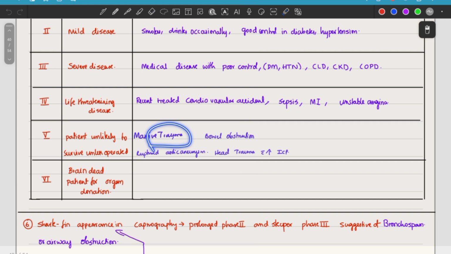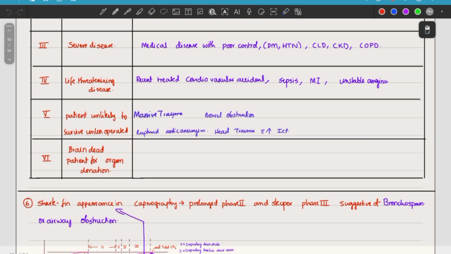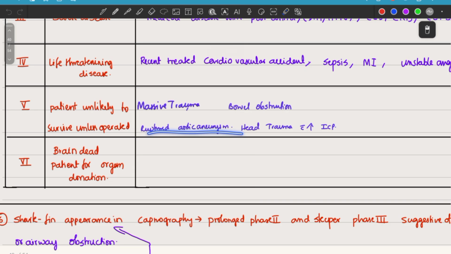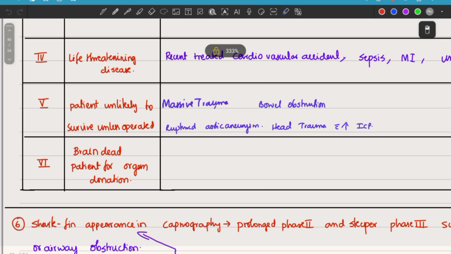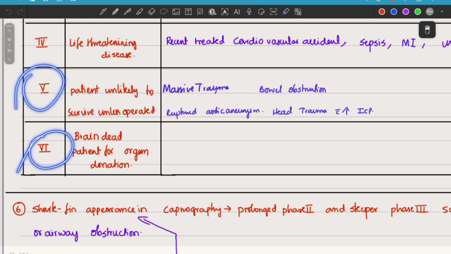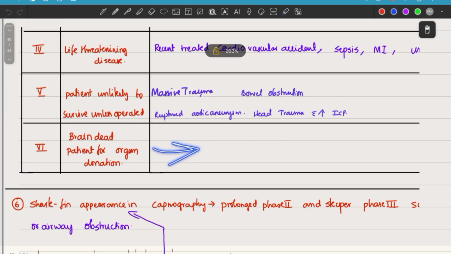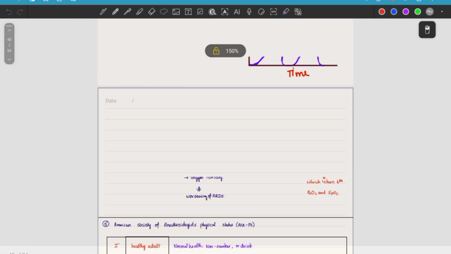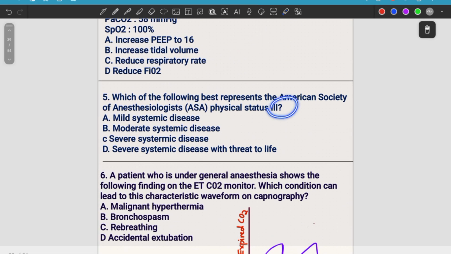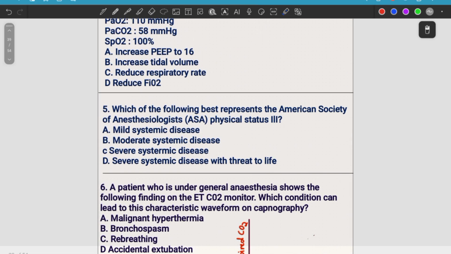That is massive trauma, bowel obstruction, head trauma with increased ICP, ruptured aortic aneurysm. In all these cases, if you don't operate, he is going to die 100%. It will come in class 5. Whereas class 6 is the brain-dead patient, considered only for organ donation. Hence here class 3 is severe systemic disease.